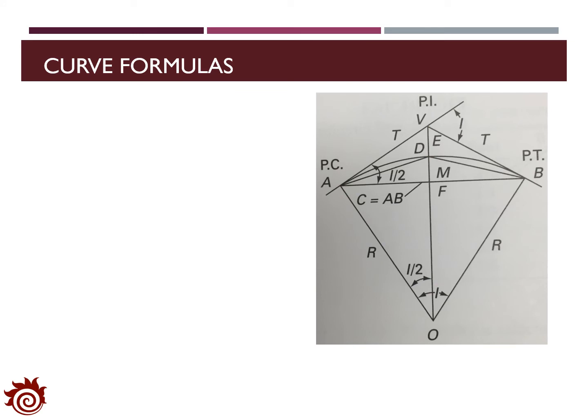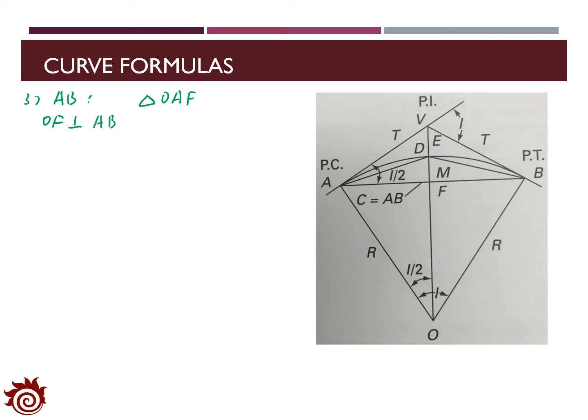Next, we can calculate the length of AB. For this calculation, we need to consider the triangle OAF, and we know that in this figure, OF is perpendicular to the chord.